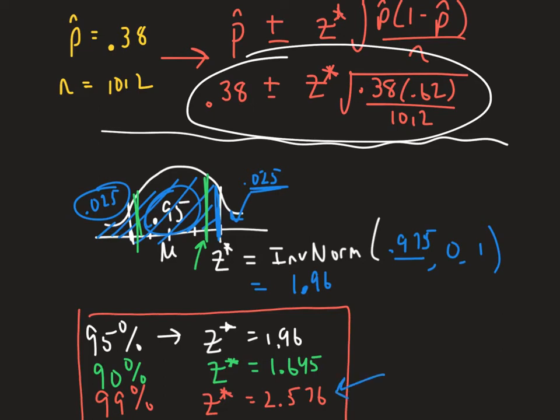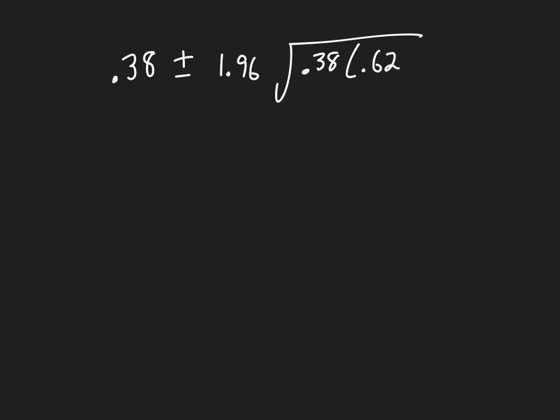If you wanted to be 99%, you would be using 2.576. We have 0.38. That was the estimate. They call it the point estimate. We're going to do plus and minus. Since it was 95%, we're going to do 1.96. That's the number of standard deviations. And the standard deviation, again, was the square root of p hat times 1 minus p hat over n.